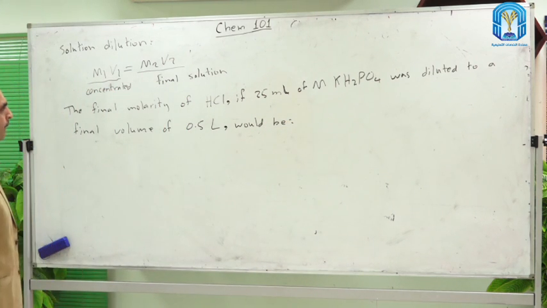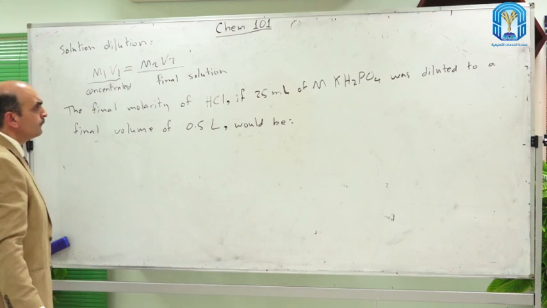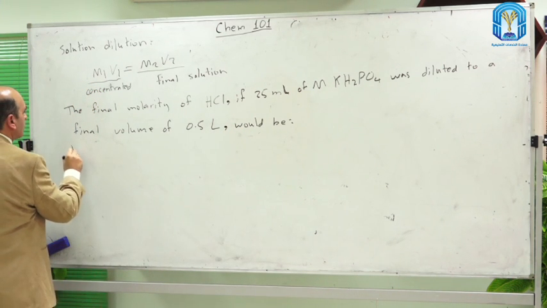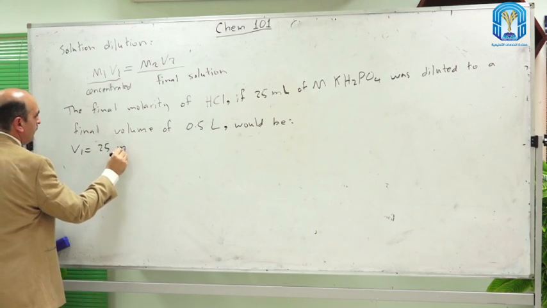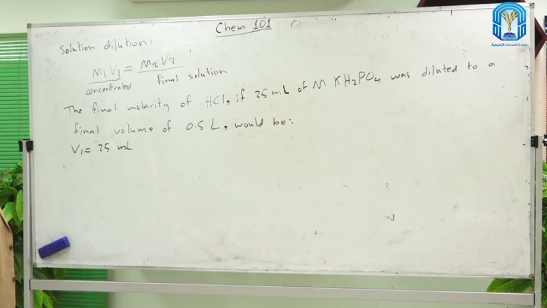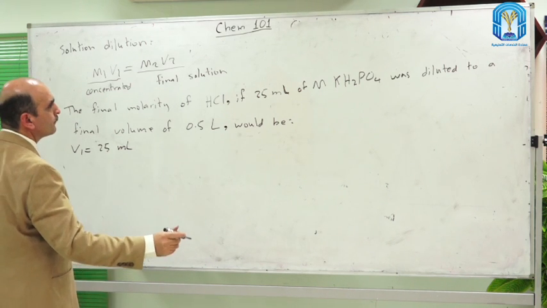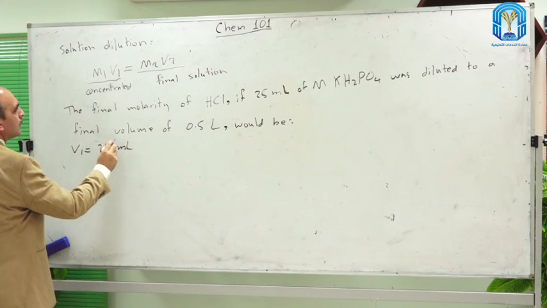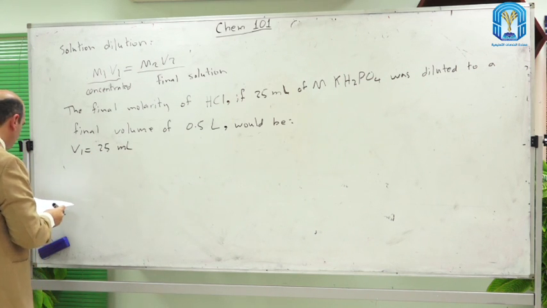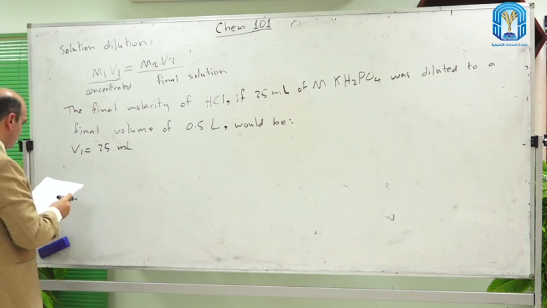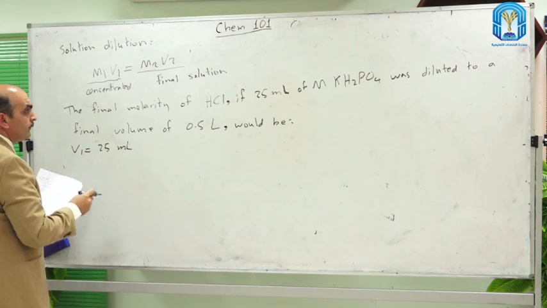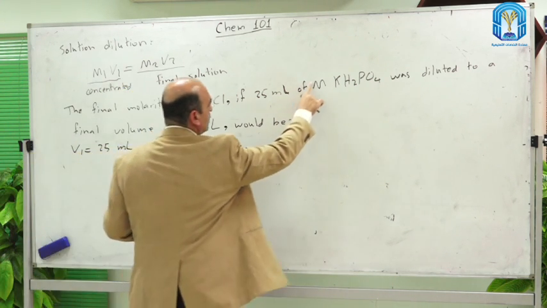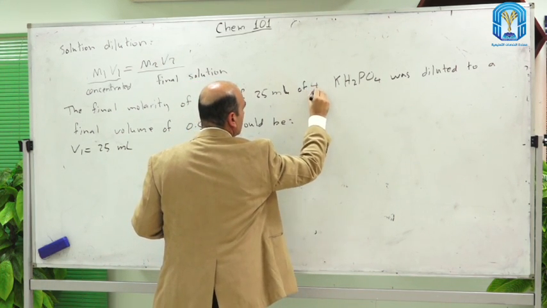So we have the information from this question, 25 milliliter, which is V1, and its molarity of the solution, which is the stock solution, 4 molar, M1, of 4 molar KH2PO4, sorry I forgot to put 4 molar.